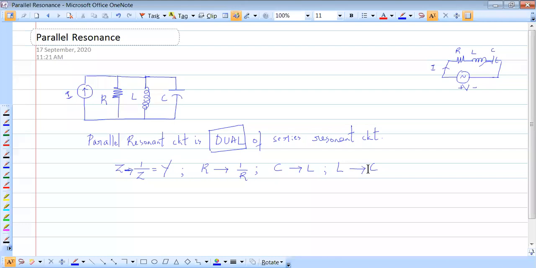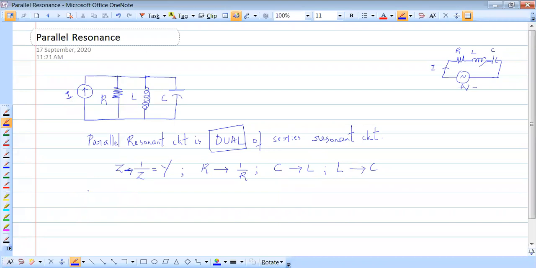Now, let's see the admittance of this particular circuit. Let's look at the admittance. Now, what is impedance? Impedance is Z. So that impedance Z, now we look at admittance because it is a dual circuit.